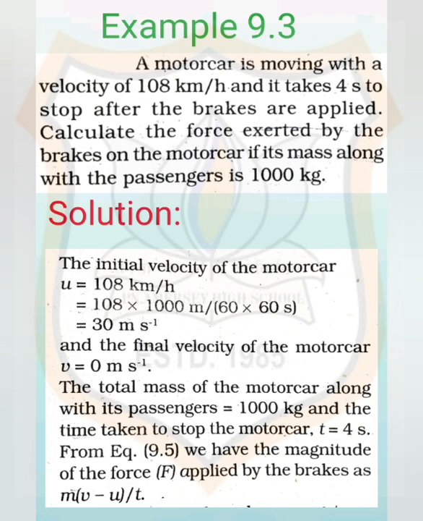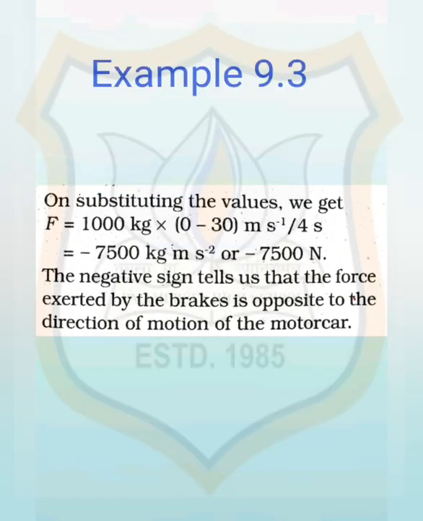And on putting the values of v, u and t, along with the value of mass, F is equal to m, that is 1000 kg, into v minus u. It means 0 minus 30, as v is 0 and u is 30 meter per second, divided by the time taken, that is 4 seconds.